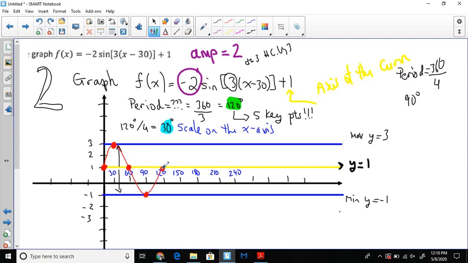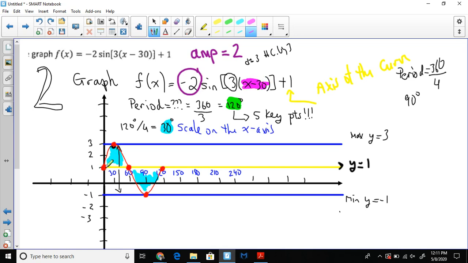Okay, so notice, what is my amplitude? Well, we know my amplitude is 2, so it's going to go here. Is this distance 2 and this distance 2? Yeah. Axis of the curve is 1. Cool. Now there are 2 things that we haven't done yet. Here I have this phase shift, so I haven't shifted this yet.